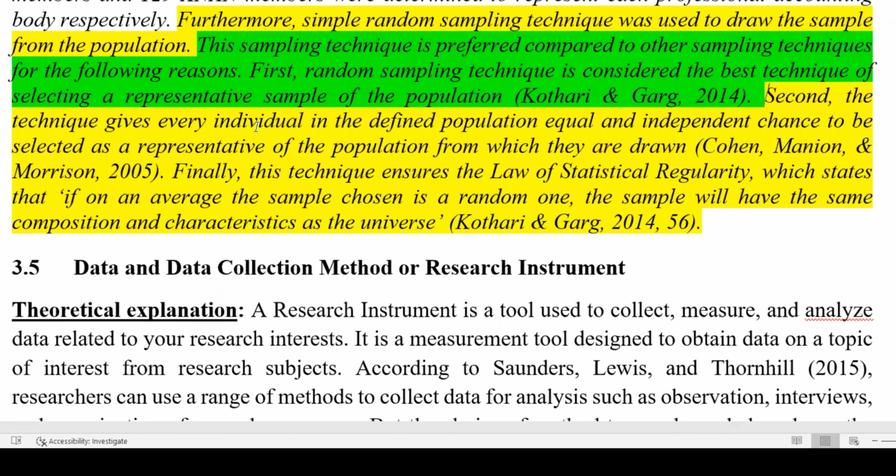First, the random sampling technique is considered the best technique of selecting a representative sample of the population. You cannot just say the best. You have to say who said it, and that's why you have to cite. You see, now we have cited there. If you say, I'm using this because it is the best, you are not the one to determine the best.